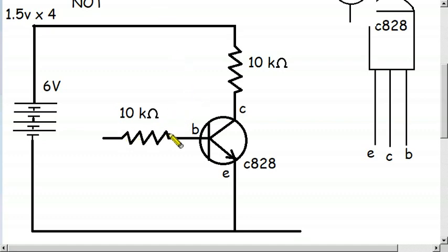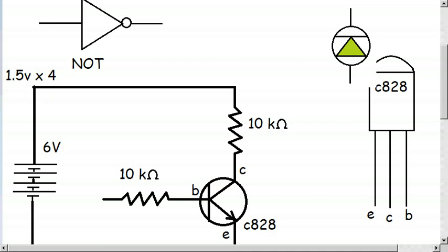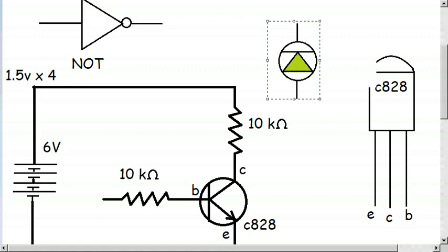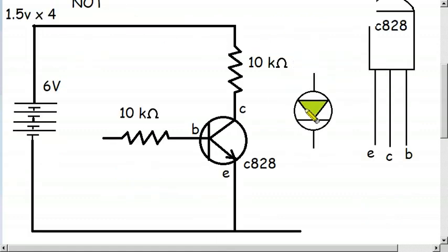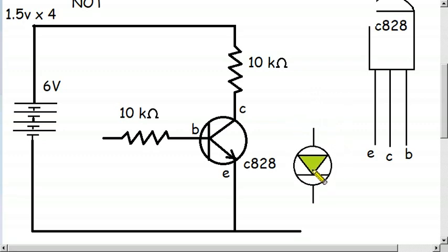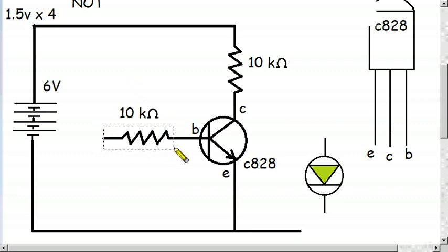So the base is connected to this 10 kilo ohm resistor, and the collector is connected to this 10 kilo ohm resistor. And if you don't have a voltmeter, you can use a diode. You have to fix it here like this with a resistor. 1 kilo ohm is suitable.